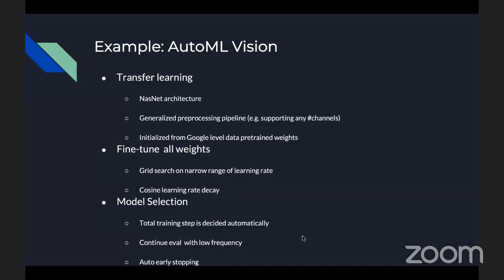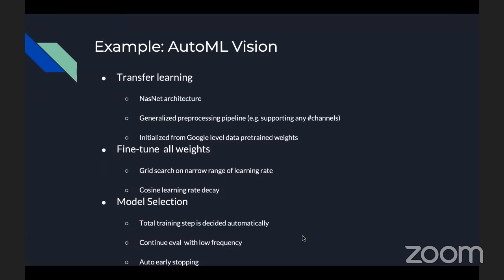So what we did is we first use AutoML research to discover the state-of-the-art architecture, which we call NASNet. And we train it on ImageNet to get the weights, and then we transfer these weights and the architecture to the new task.